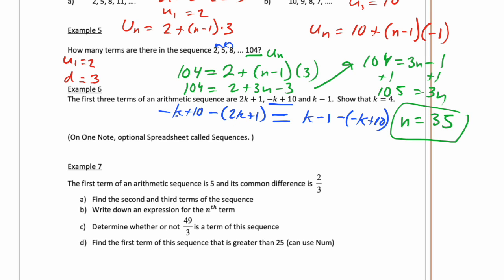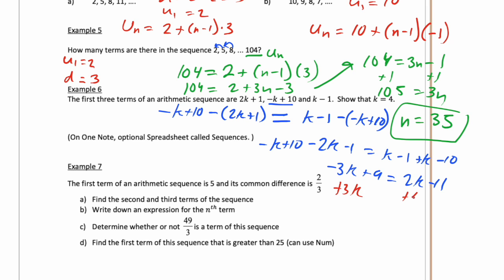And this is negative, let's write it out, negative k plus 10, because we had this in brackets, so that means everything's going to be negative here, and this is going to be k minus 1 plus k minus 10. Simplify, we get negative 3k plus 9 equals 2k minus 11. I'll add 3k to both sides.